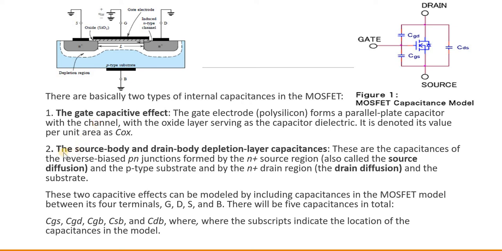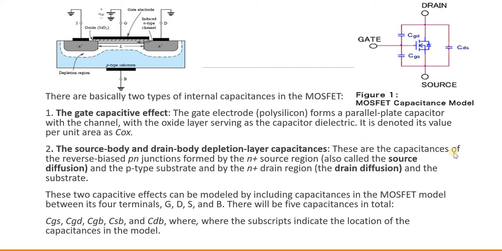The next capacitance is the source-body or drain-body depletion layer capacitance, also known as the junction capacitances. These capacitances occur because of the PN junctions.